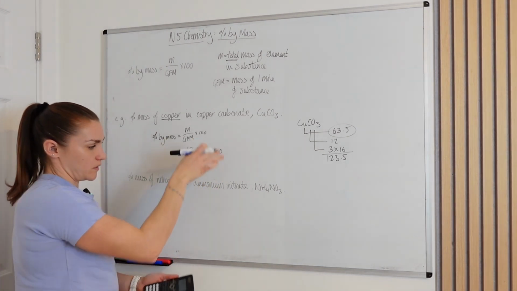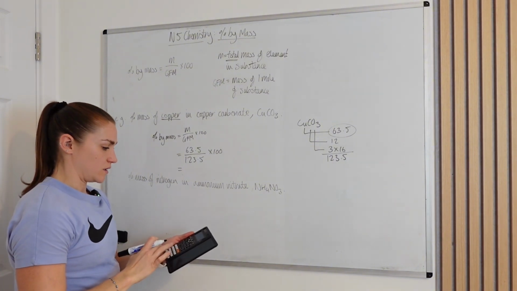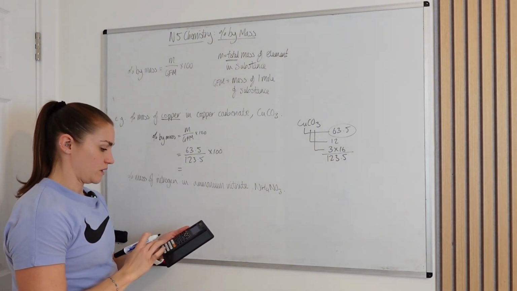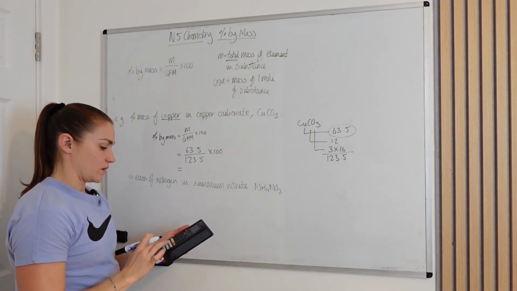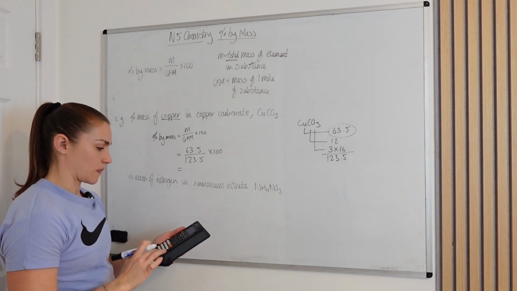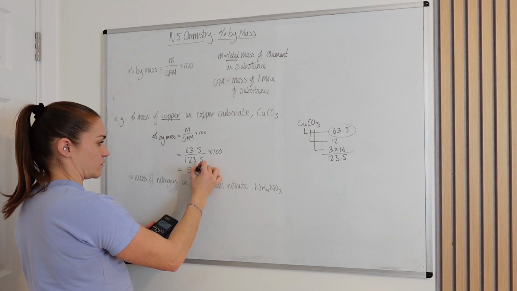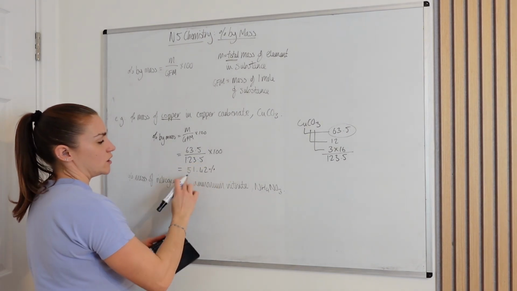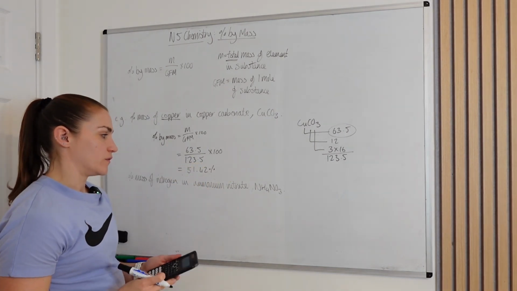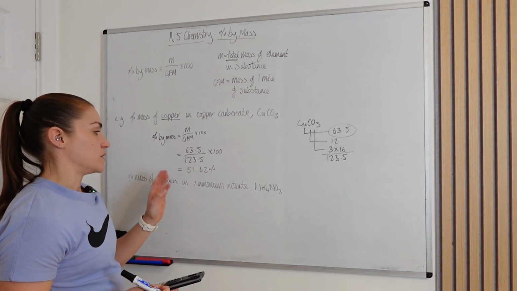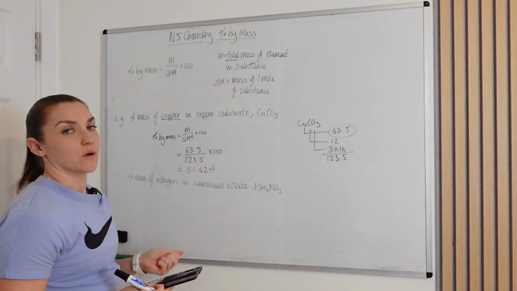So then if we pop this into our calculator, 63.5 divided by 123.5 times by 100. We get a percent mass of 51.42%. You could round that to 51.4%, or you could round it to 51% if you wanted to.